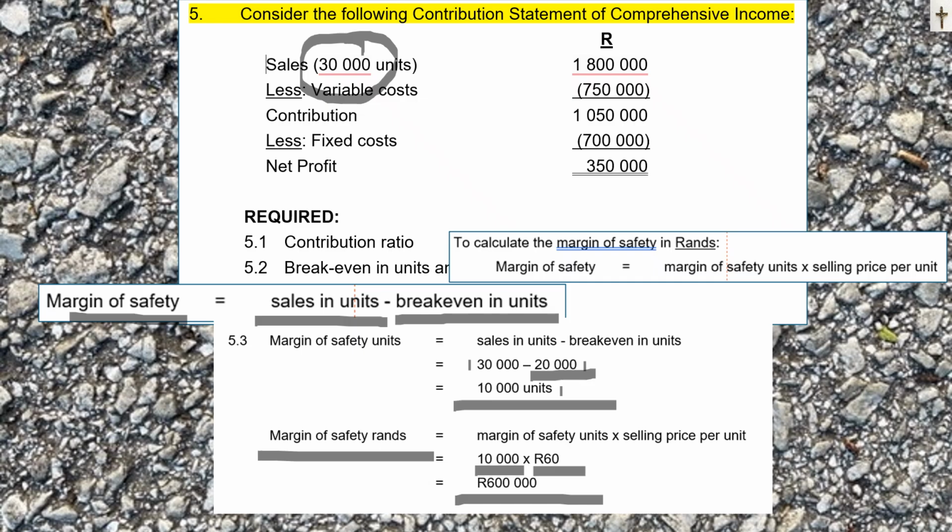Remember to get the 60 rand selling price per unit, we take the total sales amount divided by 30,000, and that is equal to 60, which is the selling price. So here we have the margin of safety in units, and then we also have the rand value of the margin of safety.